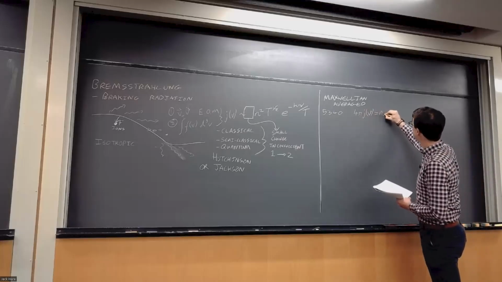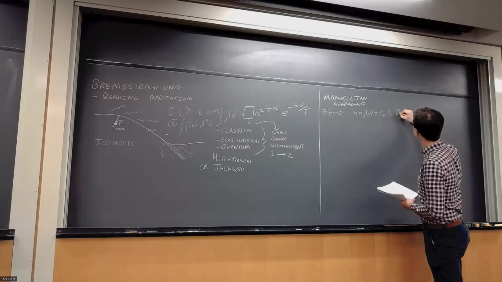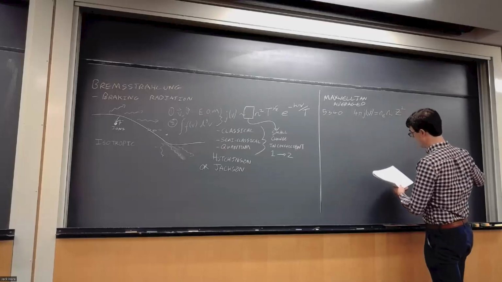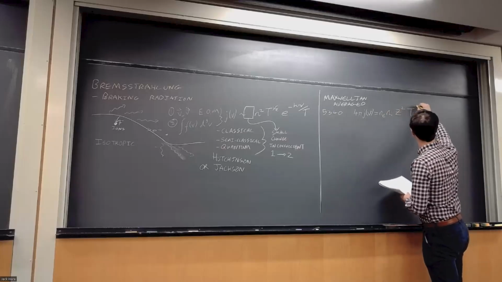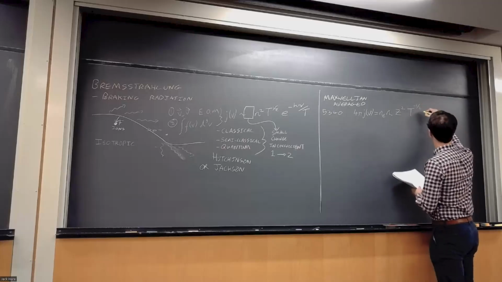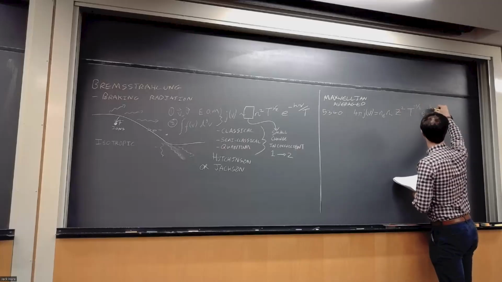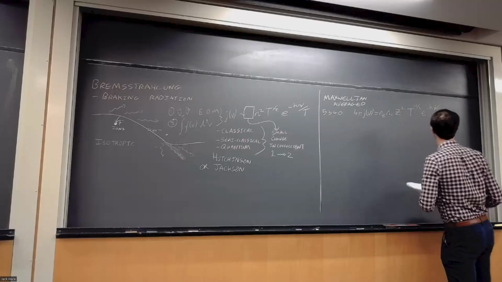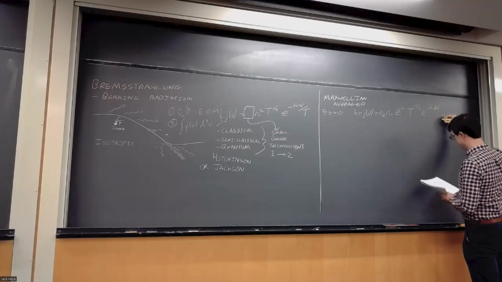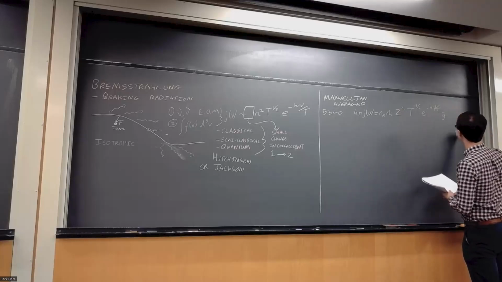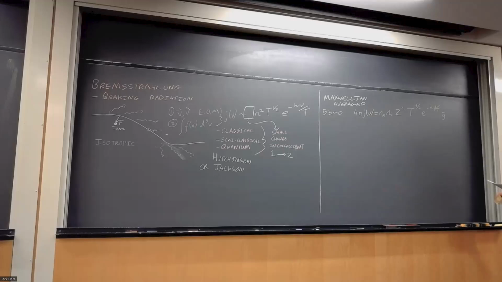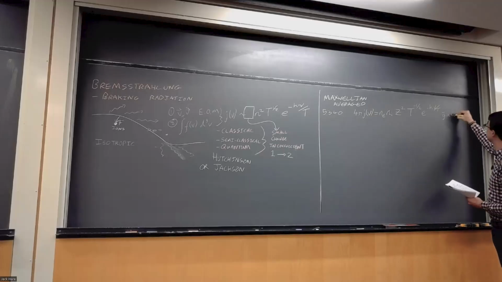This is n_e n_i Z squared T to the minus a half, e to the minus h nu upon T. And then there's a factor called G bar, the Gaunt factor, which we'll talk about in a moment, and lots of other constants.